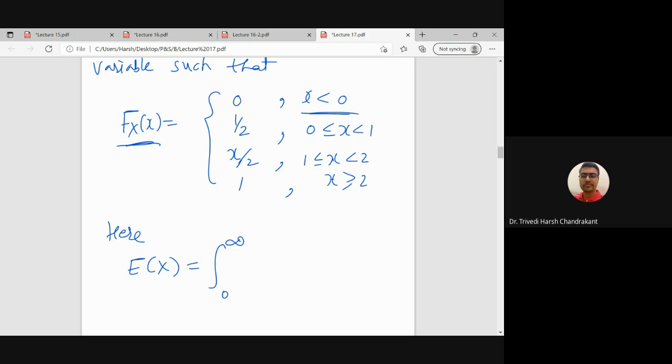We know that the derivative of half and 1 is 0, right? So the probability density function is non-zero only on this interval, and on this interval the derivative of F_X is half. So we need to integrate only over the interval 1 to 2.